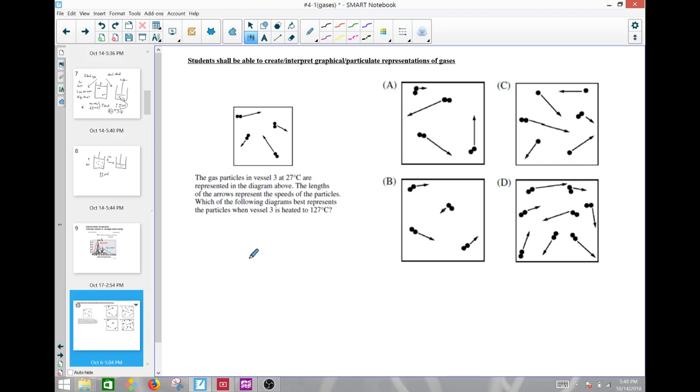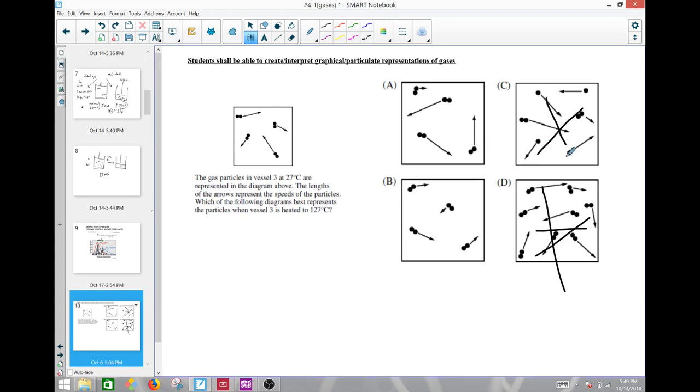A couple of things here. We're always looking for wrong answers. First of all, it didn't say anything about a chemical reaction occurring. I have 4 particles, so I'm going to get rid of this one because there are way too many particles. Here, they started breaking down, but it didn't say anything about breaking down.